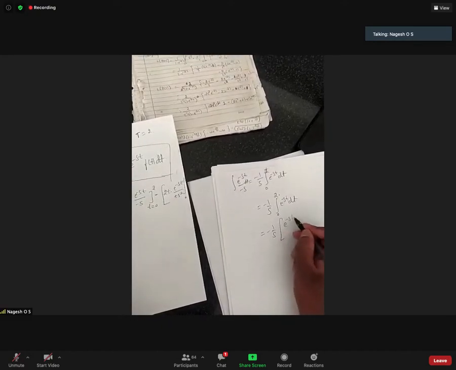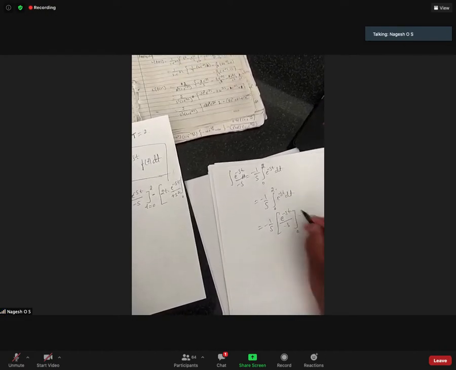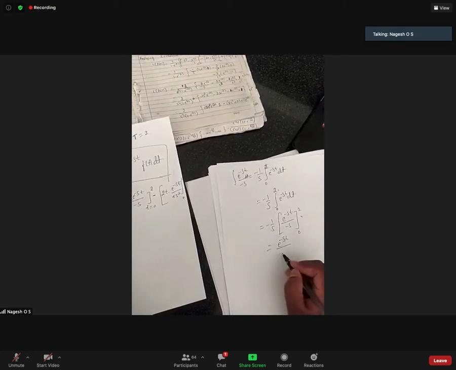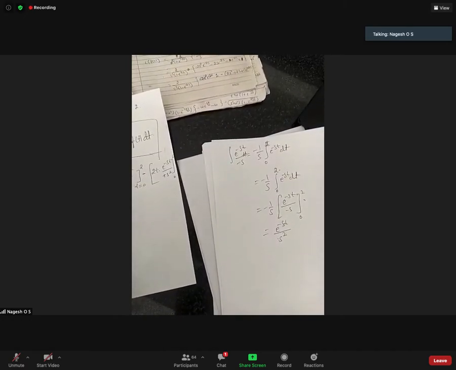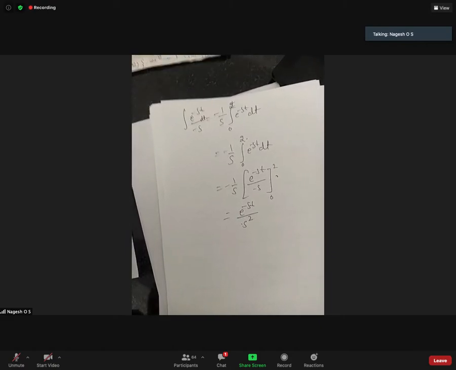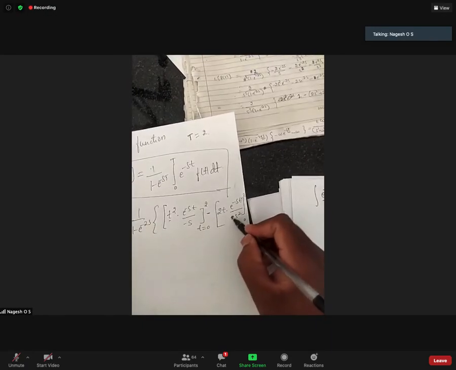Integration of this is e power minus st by minus s between 0 to 2. If you multiply that, minus into minus is plus s square. Like this, it will become e power minus st by s square. Understood this? How I have written that e power minus st by s square. This is not minus, this is plus s square.